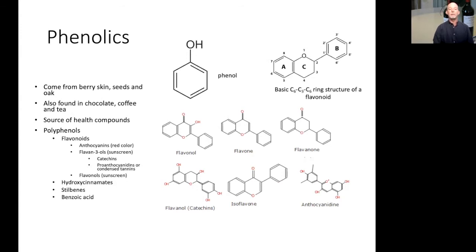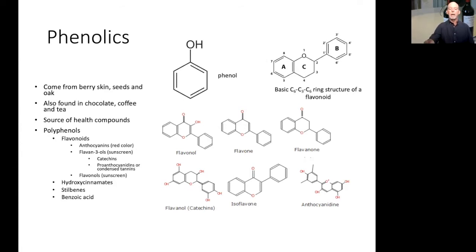So phenolics or phenols come from the berry skins and the seeds in the fruit of the grape, and can also have some contribution from the oak barrels that we use to age the wine in. So phenols are compounds that I've talked about before in the health benefits of wine, the positive health effects of wine, particularly red wine.